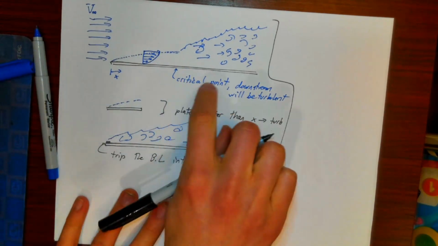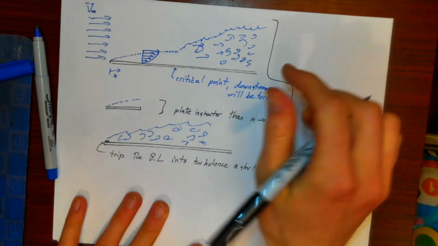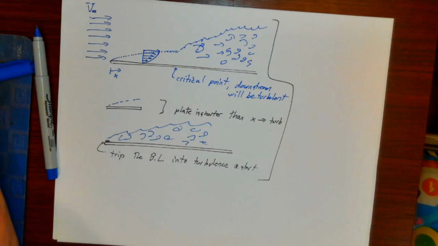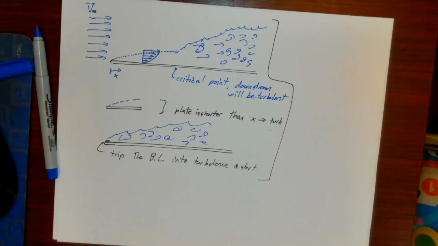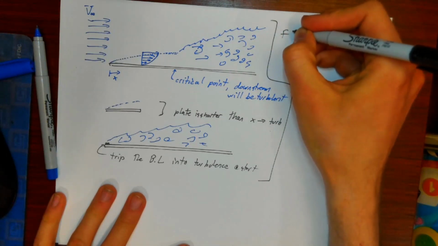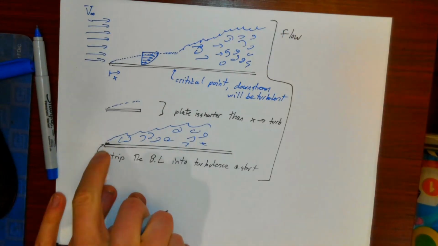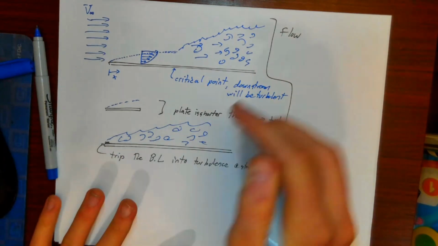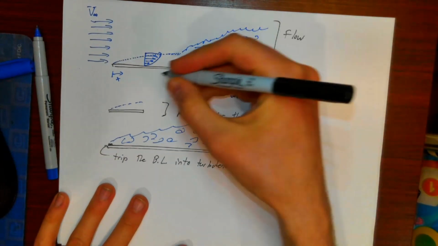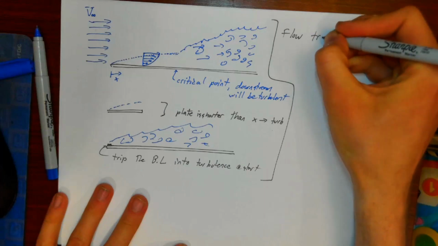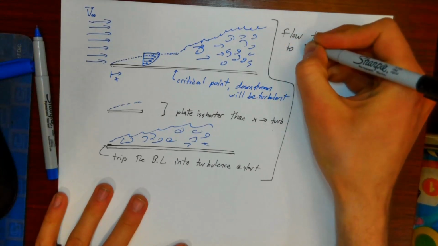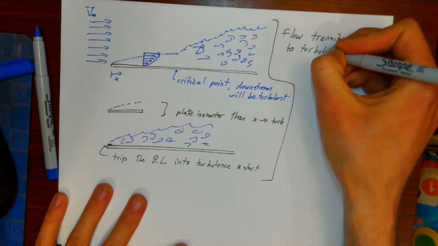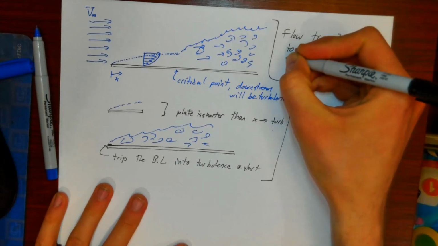This critical point, you can basically compute by looking at what Reynolds number the flow transitions to turbulence. So flow, except in this case where we are intentionally tripping it to turbulence, left to its own devices, transitions at a critical Reynolds number.